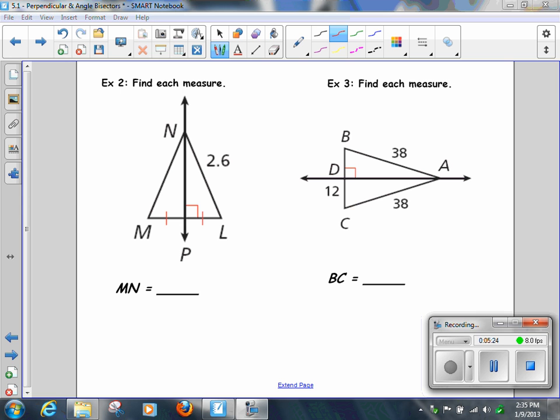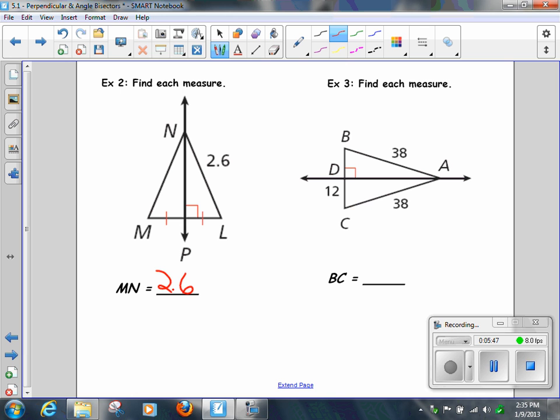Look at this. Find each measure. MN. What is the measure of segment MN? 2.6. Good, y'all. What is BC? Be careful. So I'm looking for what will help me.